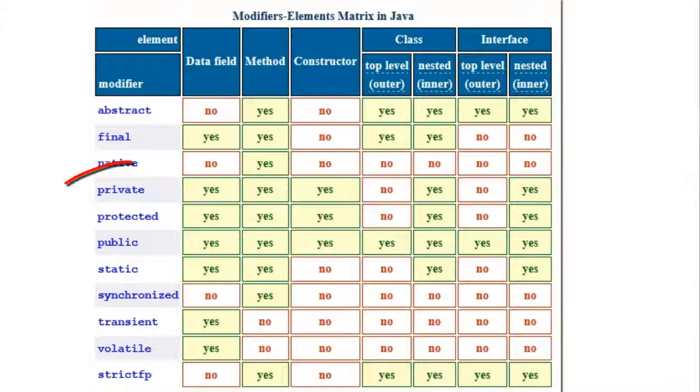You can see we have already talked about private, protected and public, so we will talk more about those. You can use private, protected and public for data fields, methods and constructors. For the class, you cannot use private and protected at the outer level.